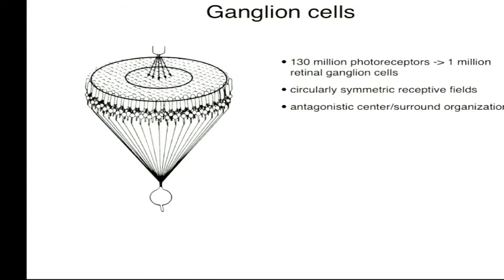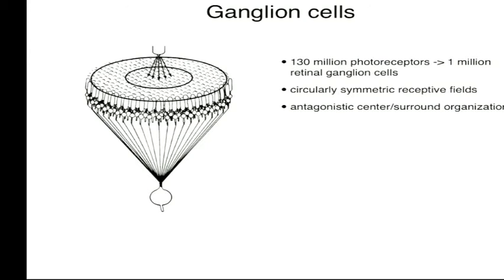All right, so there's the ganglion cells. Again, there's 130 million photoreceptors. They converge down to about 1 million retinal ganglion cells. And there's the receptive field of a ganglion cell. This is a ganglion cell down here, and there are the photoreceptors that are connected to it. The receptive fields have this circularly symmetric organization, so there's the center and the surround, the annulus. The annulus is the outside part.